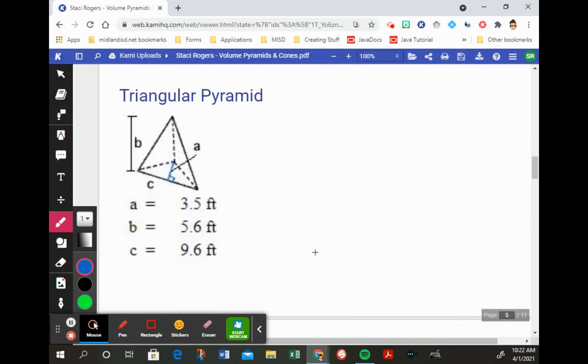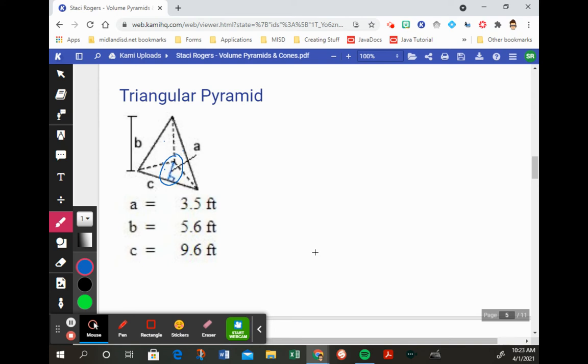Triangular pyramids. This is where it gets hard because the figure is hard to see. First of all, we want to identify where the base is at. So it looks like I've got 1, 2, 3, 4 triangles. The one it's sitting on is identifying the height of the triangle. See this little blue line right here?